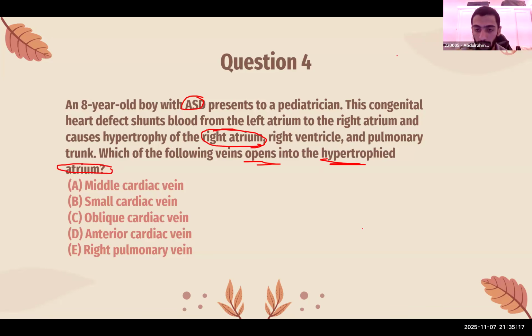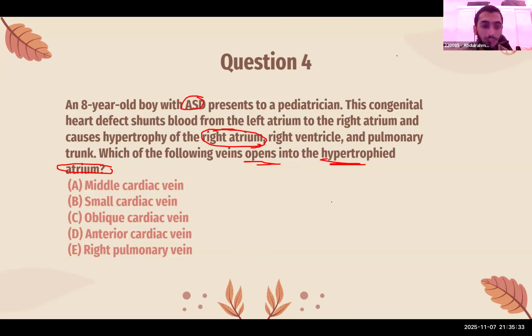We got only one answer so far. I'll give you guys a second. Which of the following opens directly into the right atria? D. Okay, so you guys are right. The correct answer is D.